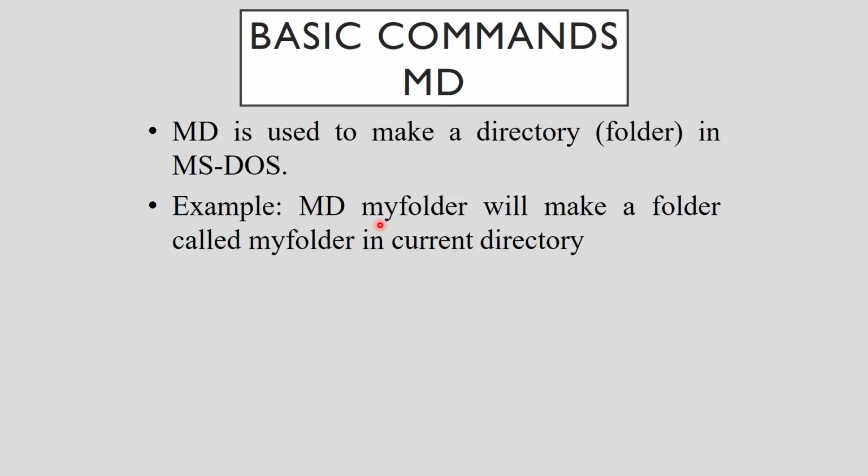Deltree is a command that will delete the folder and all of its contents, including the other folders. Take note, when you delete a file and or directories using the DOS prompt, there is no turning back. Okay?